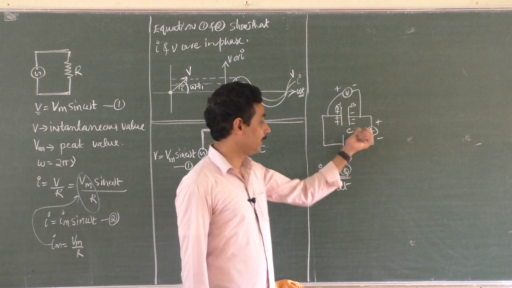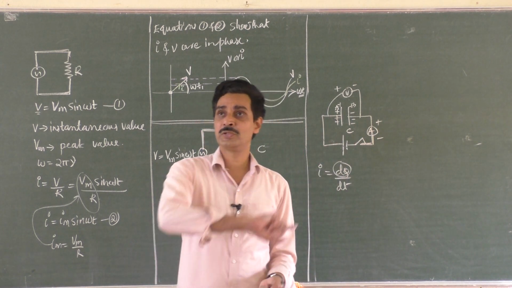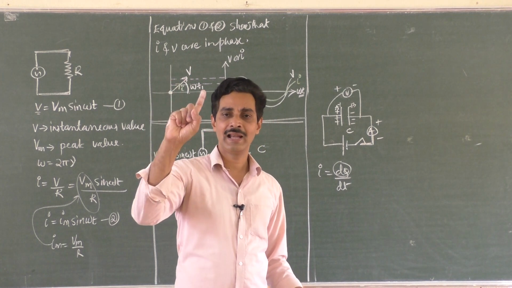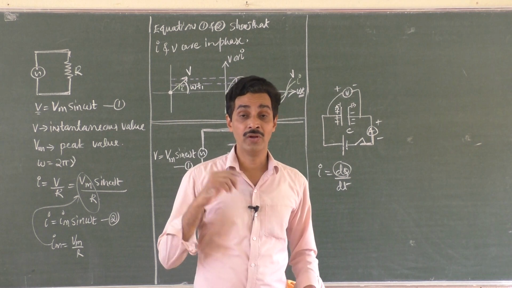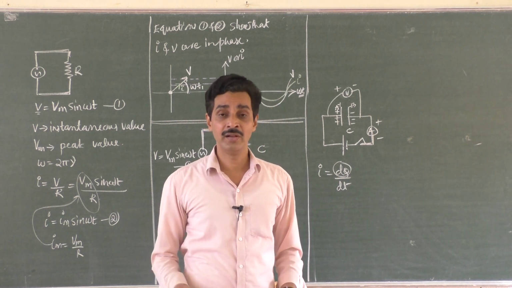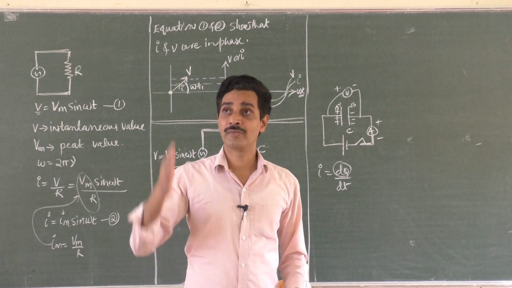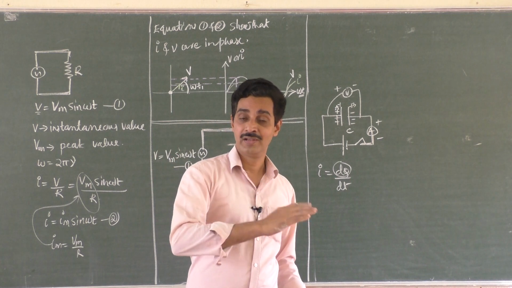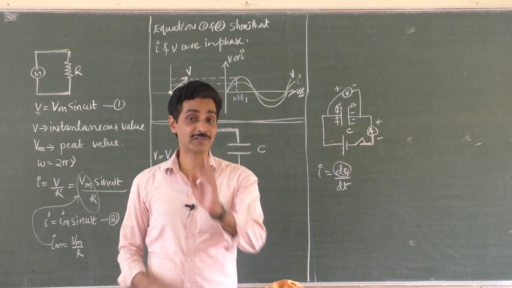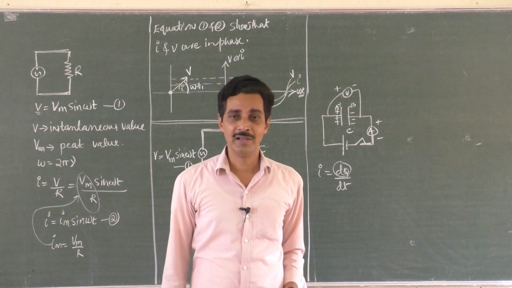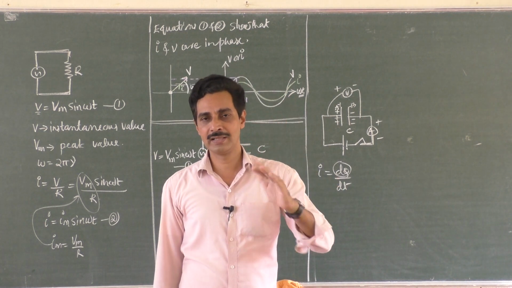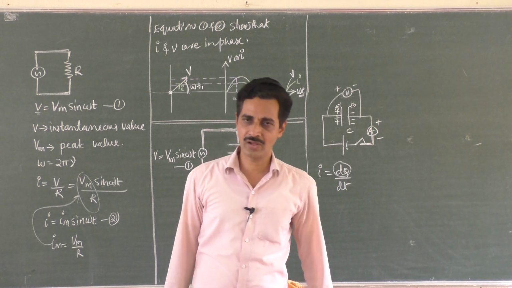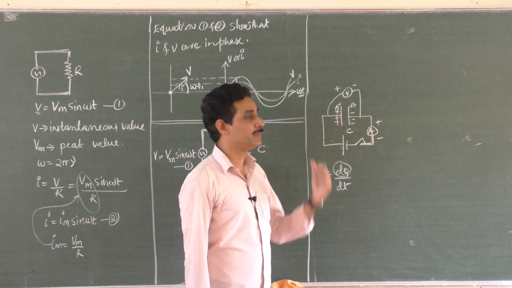That means the ammeter in the beginning will be showing the highest reading, and as time passes, its reading goes on decreasing. So the ammeter shows a reading from maximum to 0. It is decreasing from maximum to 0. It is like cos theta. Did you understand it? Because cos theta in the beginning itself is cos 0 = 1, and it decreases to 0 at 90 degrees. Cos 90 is 0.